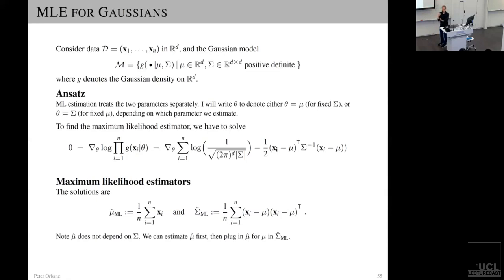Remember what we discussed last time with the law of large numbers: you can estimate an expectation by a sample average. Take the function inside the expectation whose expectation gives you the covariance matrix, and for the outer expectation plug in the sample average, and you get exactly this. Same here.